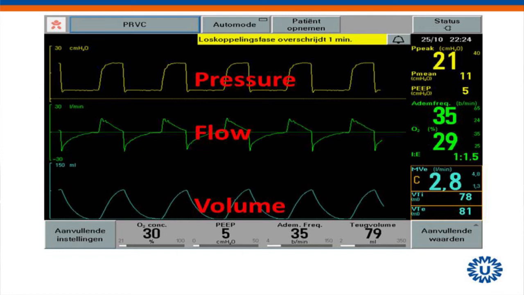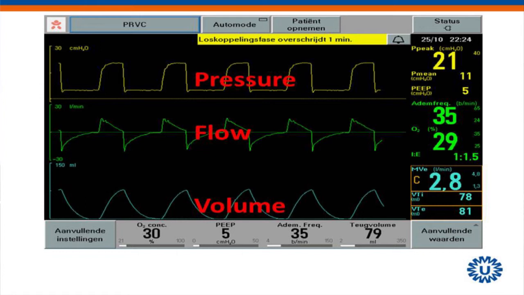Think of the presentation from Daniela this morning. It's a pressure control mode. Why? Correct, decreasing flow. What you see is that pressure is constant and flow is decelerating. So it's a pressure control mode of ventilation.